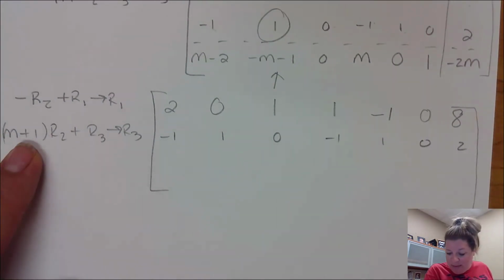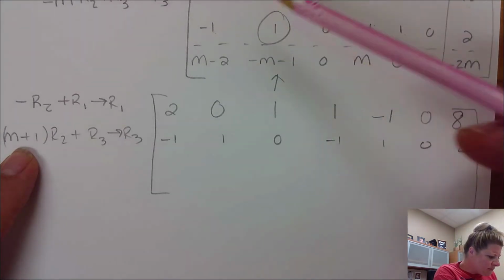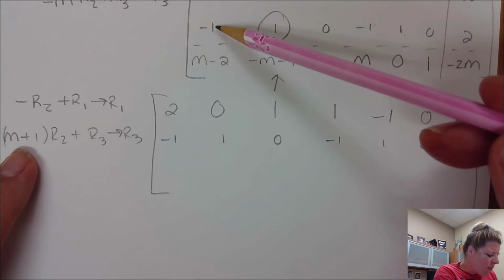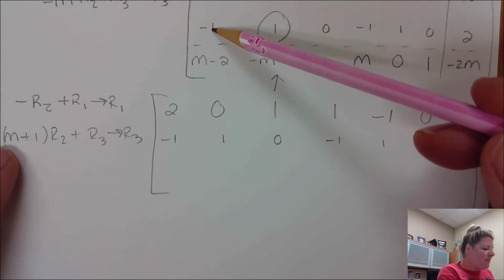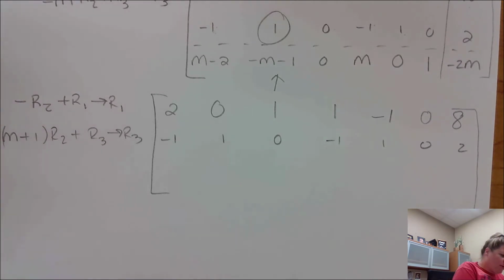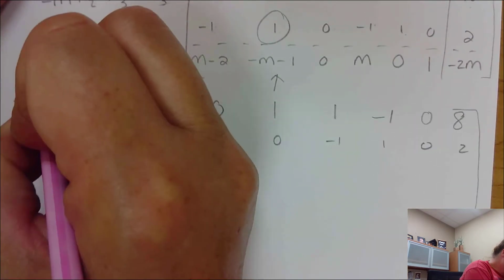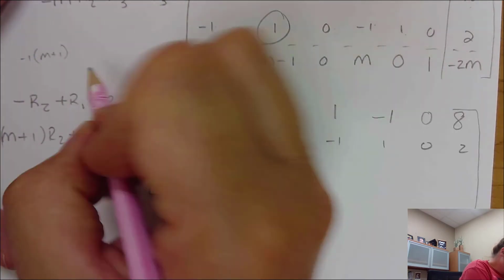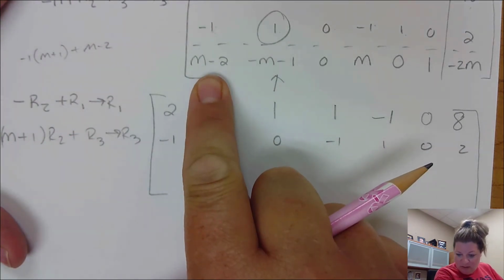Now we have to do our M's. M plus 1 times -1 is going to give me -M. I'm just going to write it over here for you. So think of it as -1 times M plus 1, plus M minus 2 to add it to this.